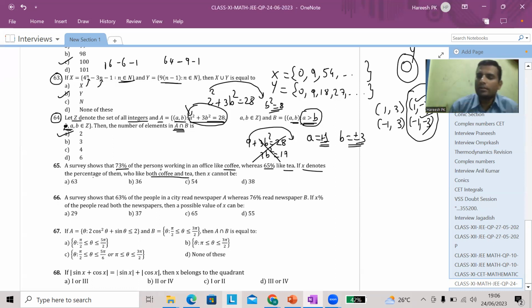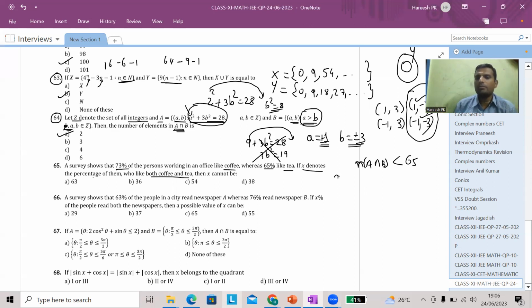So you should find what is the interval of X. In the CET paper, we discussed a similar question. So what can be the maximum value of intersection? A intersection B can maximum be 65%. So it can't go above 65%. And now we should see what is the minimum it can take.